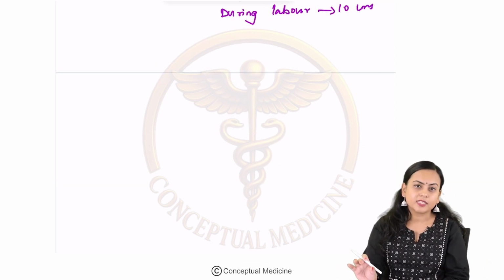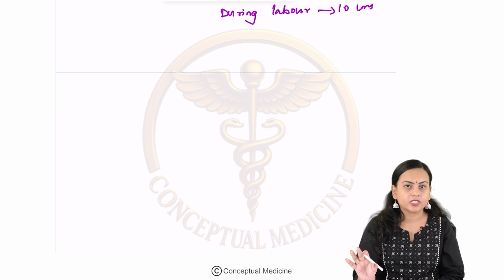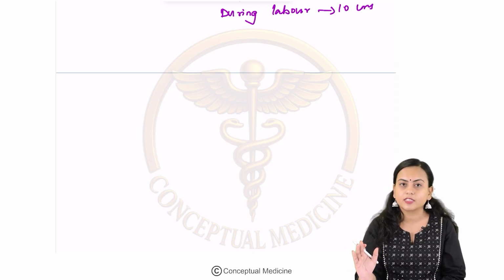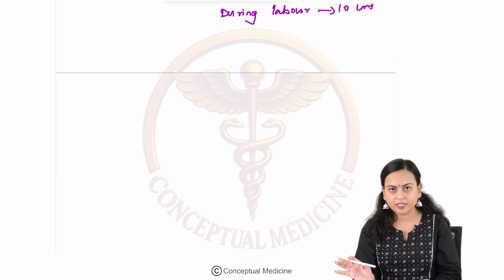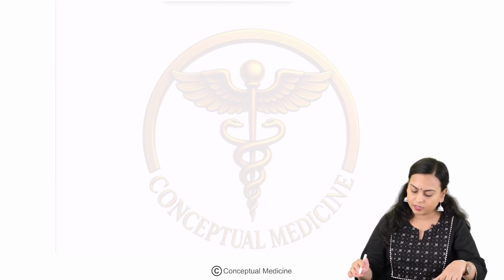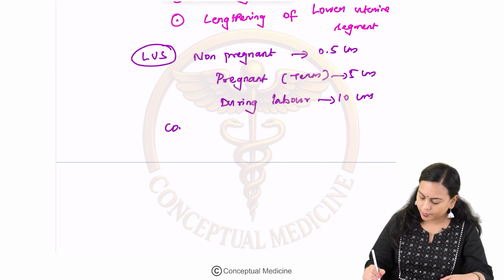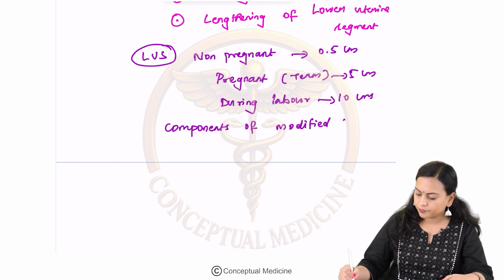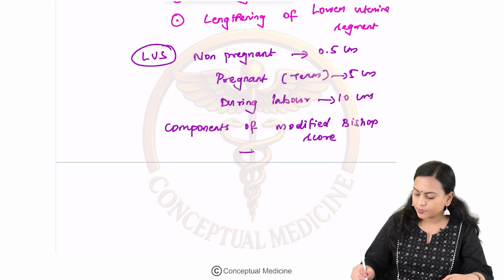And these two components, that is the effacement and dilatation of the cervix, are components of the modified Bishop score, and they are expressed in centimeters. Can you understand? Yes. Clear?